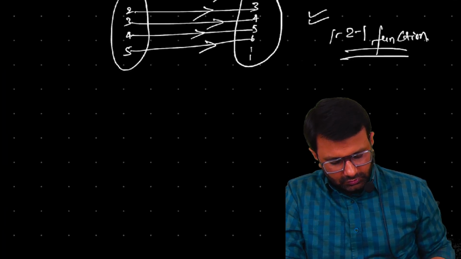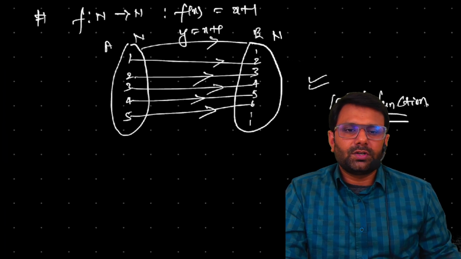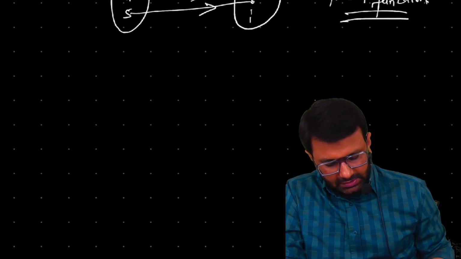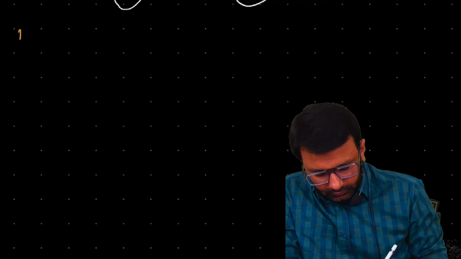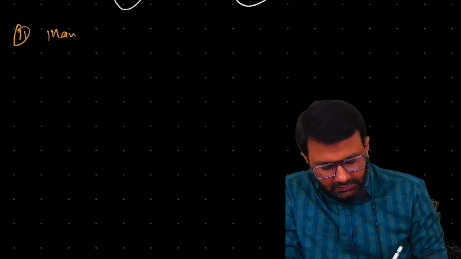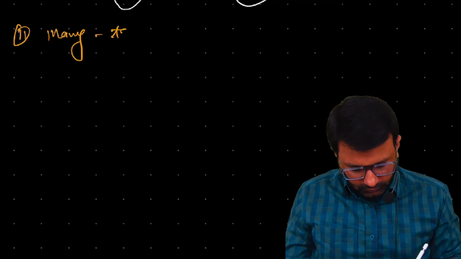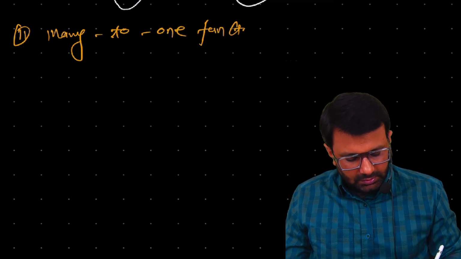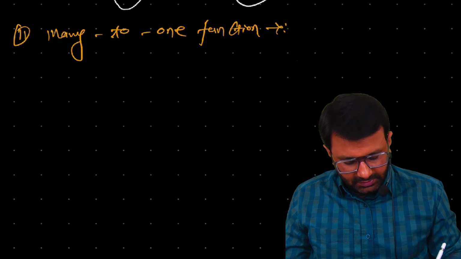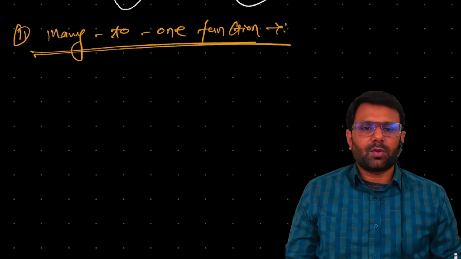Okay, so now next, any confusion up to here? Can I move to the next part? Second is many to one function. This topic is very easy, but the questions asked based on this topic are very interesting, so the next lecture will be very interesting.